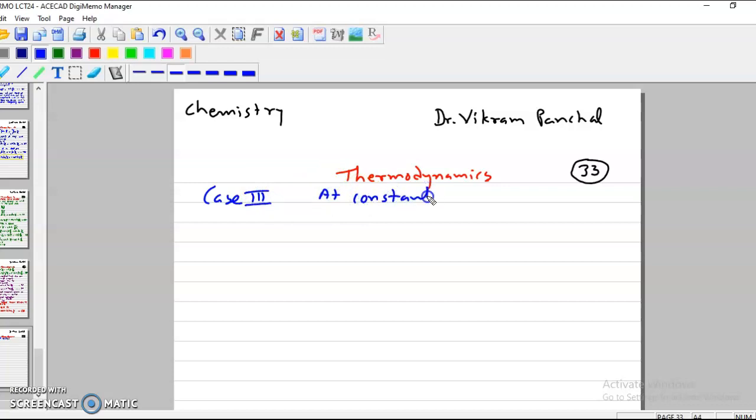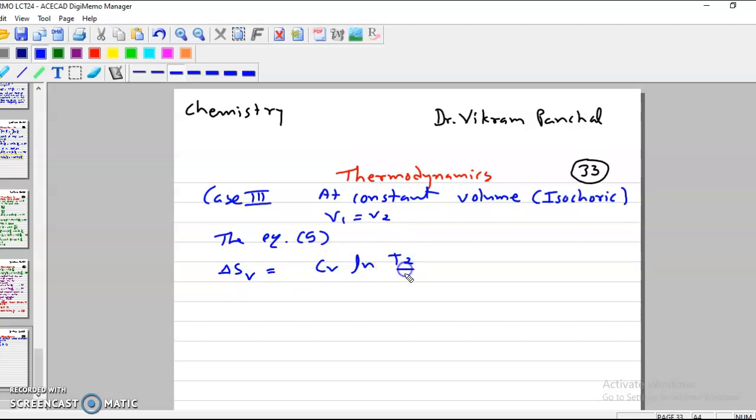At constant volume, V1 is equal to V2. So equation 5 will be delta S at constant volume will be Cv ln T2 upon T1, or delta S at constant volume will be nCv ln T2 upon T1, or delta S at constant volume will be 2.303 nCv log T2 upon T1.